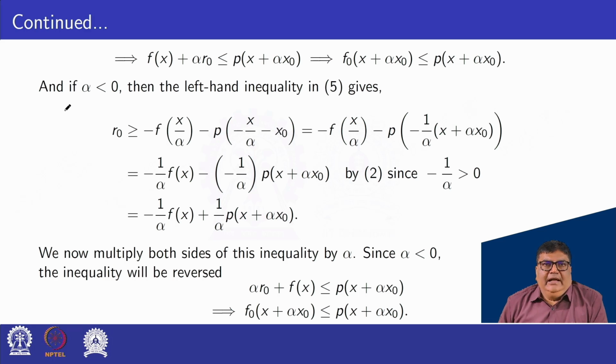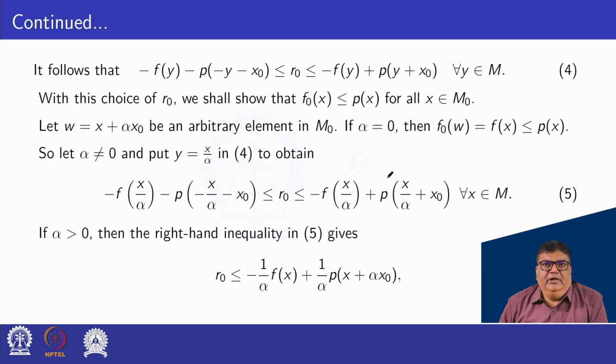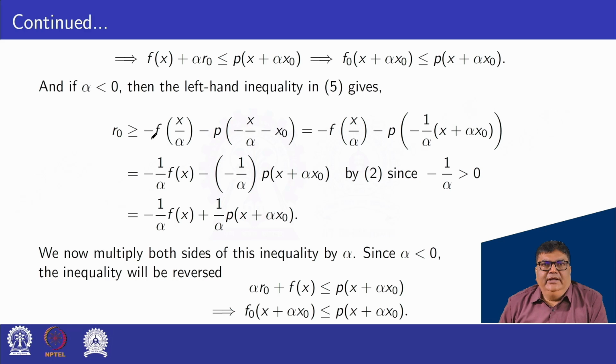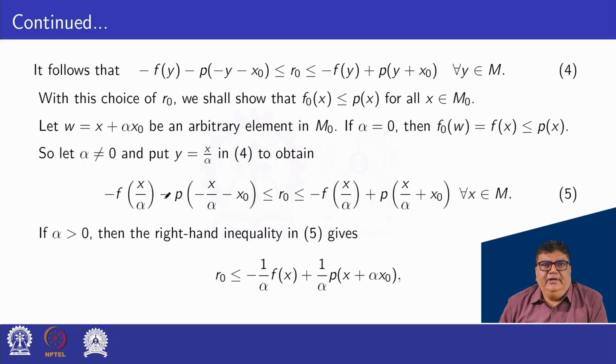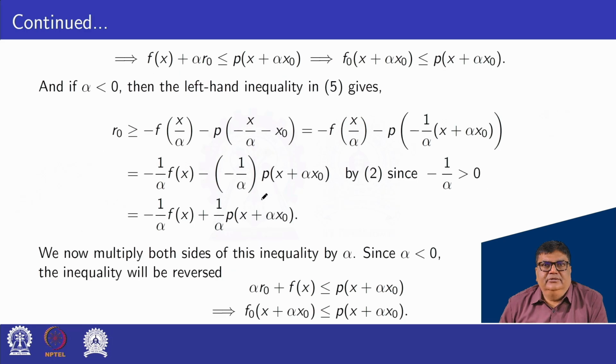Okay, and if alpha is less than 0, then take the left hand inequality of 5, this one. Okay, so R0 is greater than or equal to minus f of x by alpha minus p of minus x by alpha minus x0.